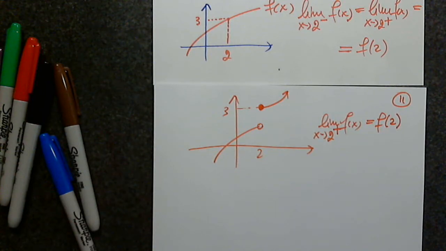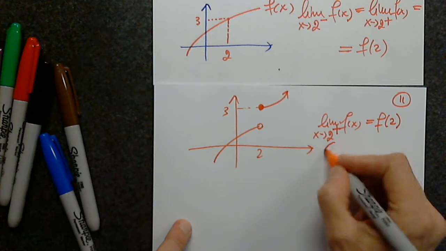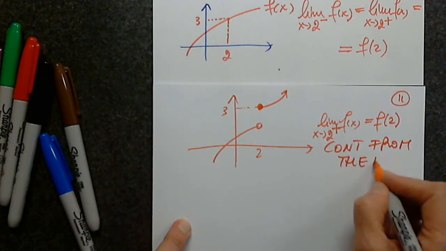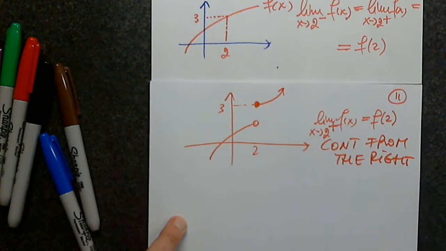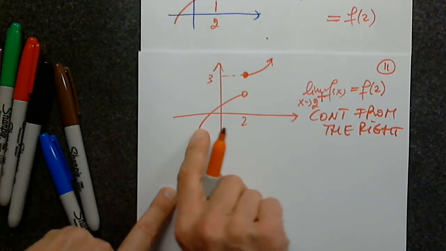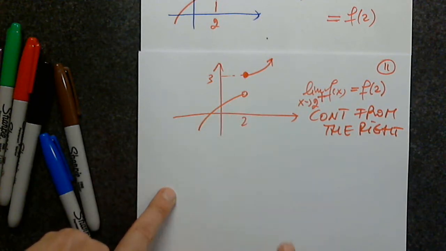Is this function continuous from the right? Yes. As long as the limit of the function as x approaches 2 from the right equals the function value at that point, the function is continuous from the right. Is this function continuous from the left? No, because that's not equal. Exactly.